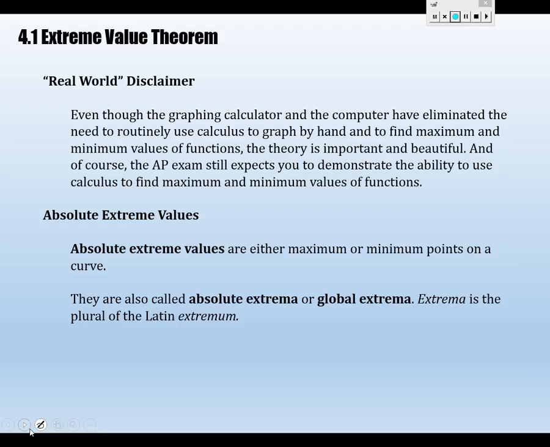I think extrema is the word AP likes best. So that's what it means when they say find the extrema. They will say absolute, I think. They don't usually say global, which is weird because they talk about local.